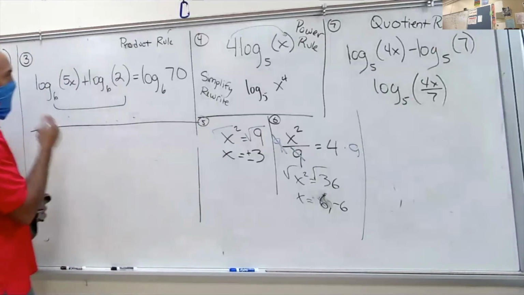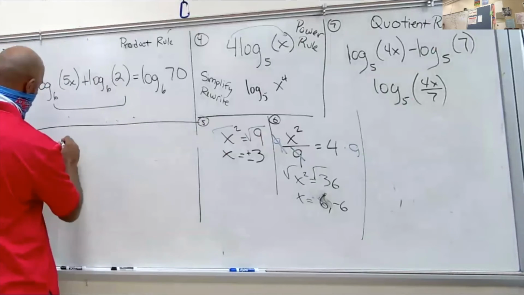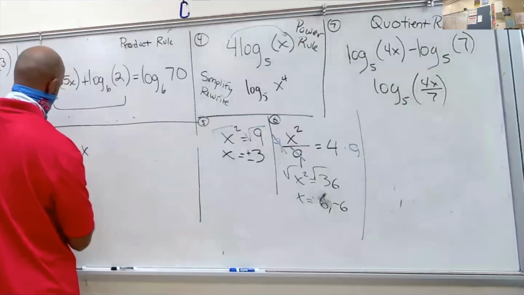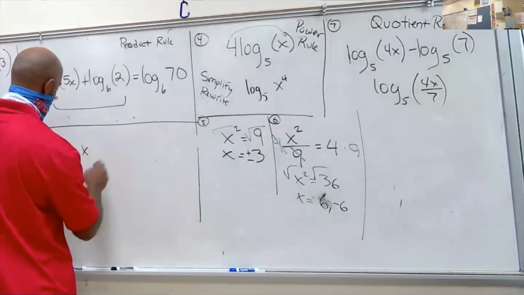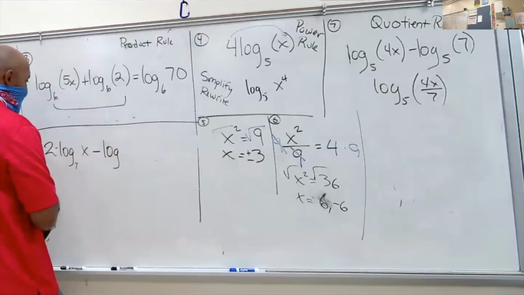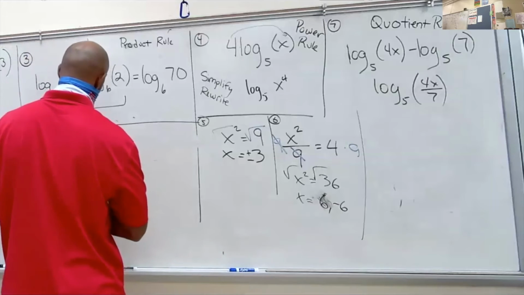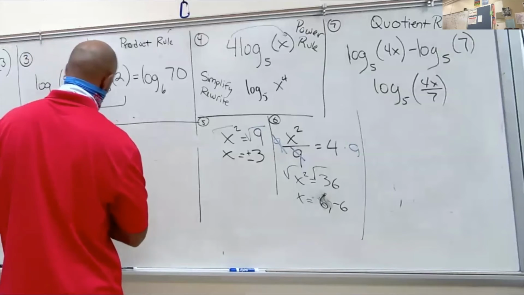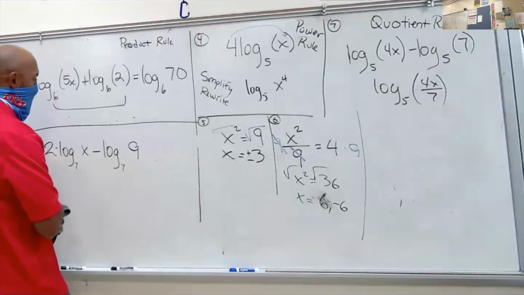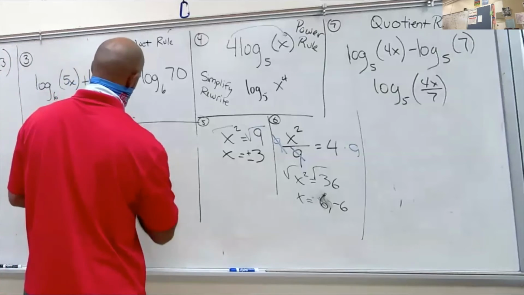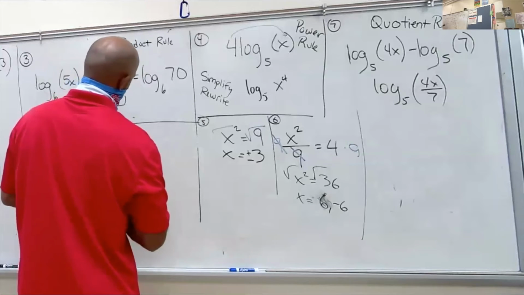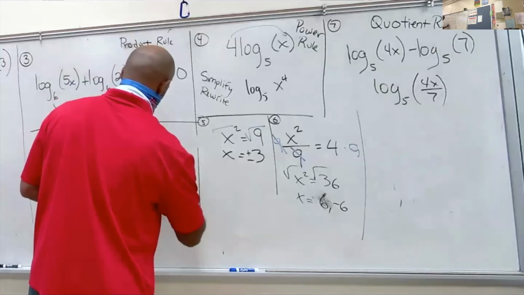So now we're going to do 2 times log base 7 of x, minus log base 7 of 9, equals log base 7 of 9.